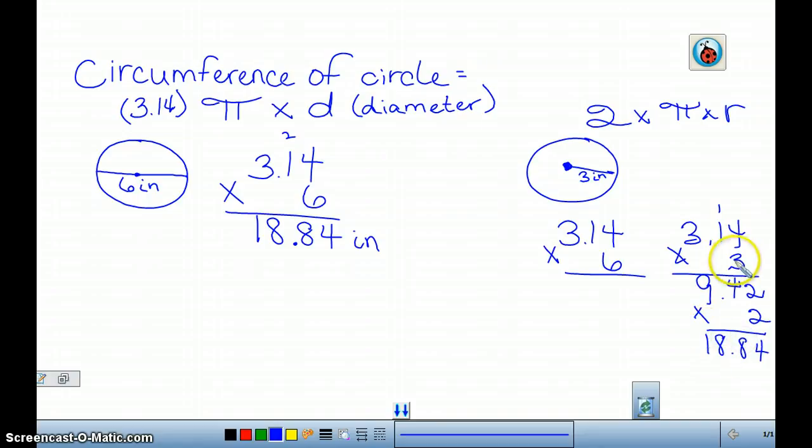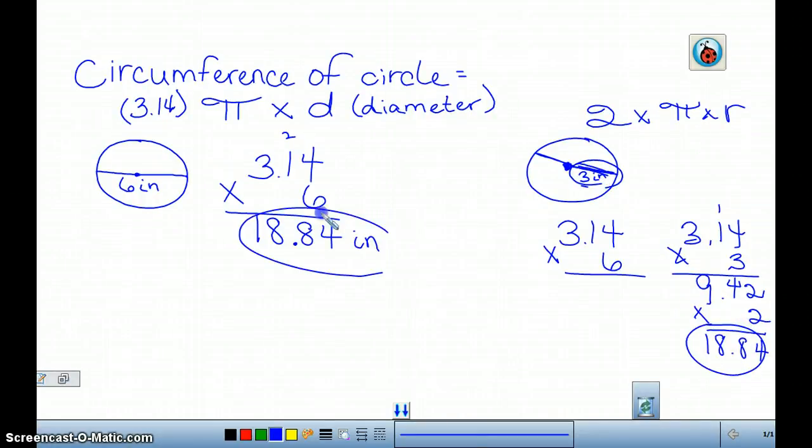Because if I only take it times 3, Austin, I've only timesed the radius. And a radius is half of the diameter. So I have to take it times 2 to find out what the whole thing is. Or you can just in your head say, I know that this is 3 and it's a radius, so the whole thing must be 6, and then just take 3.14 times 6. Either way, I get the same exact answer.